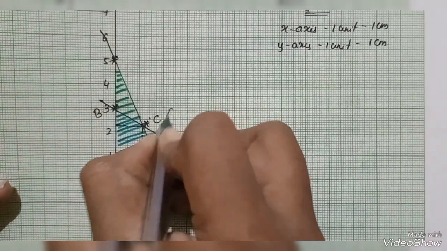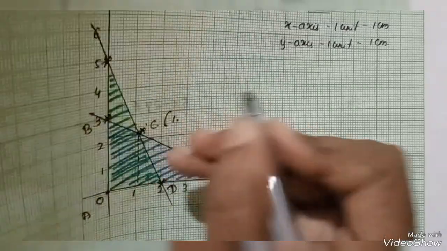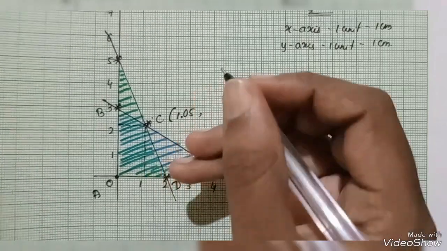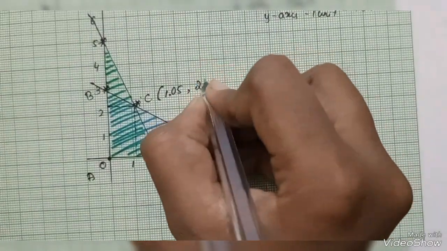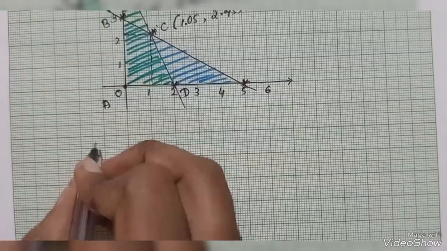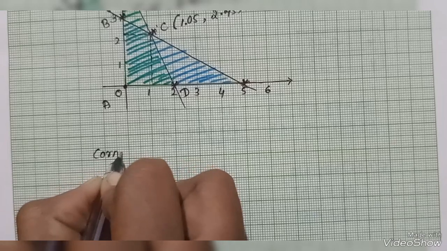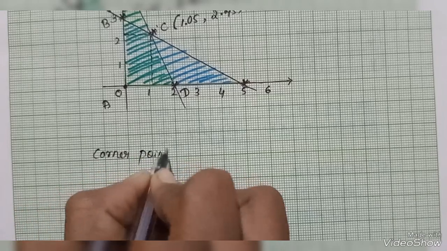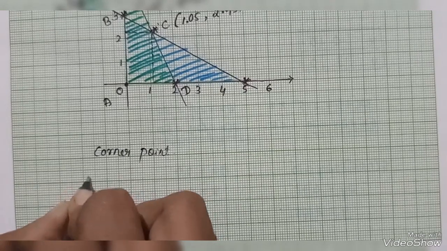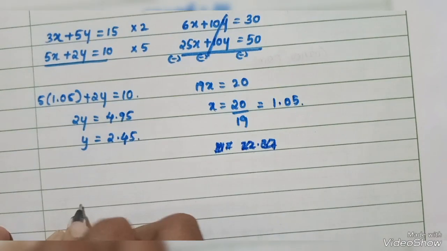Okay, now we have the corner points. Nearly I am taking x equals 1.0 and y equals 2.4, okay, that is 4 5. So we have to check the corner points. Before going to that, we have to write one point.